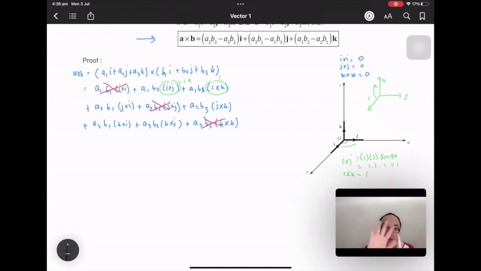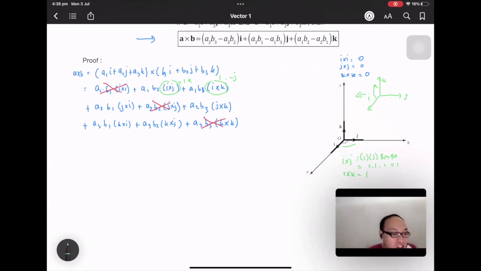So your four fingers from I is to my face, and then cross K. So move it upwards, and then your thumb will be going to the left. So it's minus J, the direction.